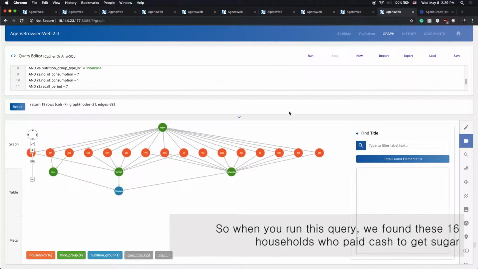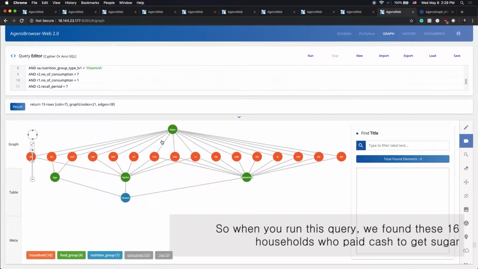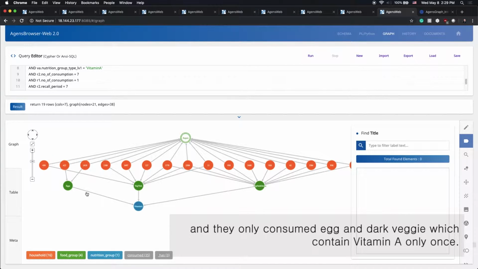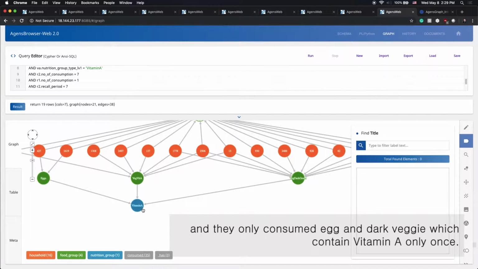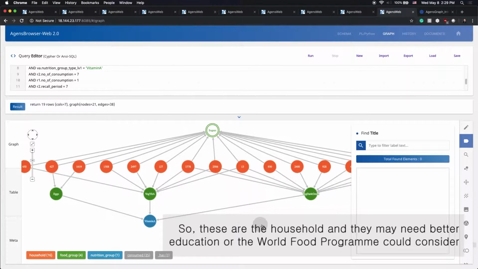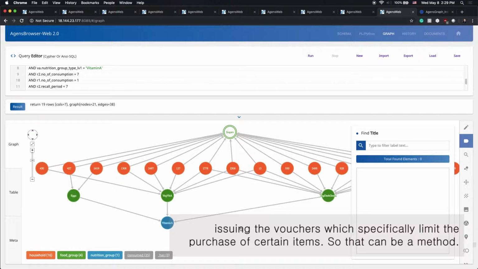When you run this query, we found 16 households who paid cash to get sugar, and they only consumed eggs or dark veggies, which contain vitamin A, once. These households may need better education, or the food program could consider issuing vouchers which specifically limit the purchase of certain items. That can be the method.